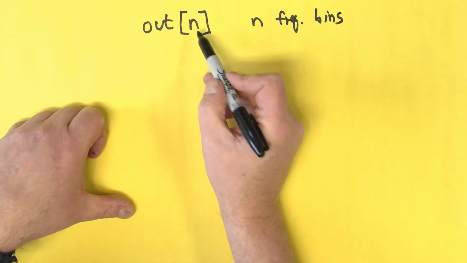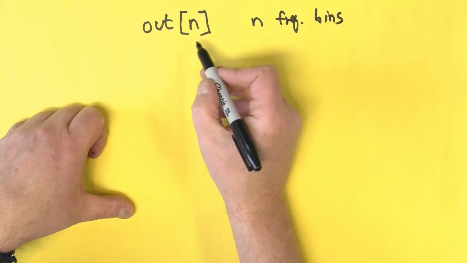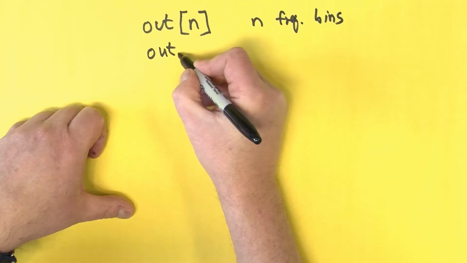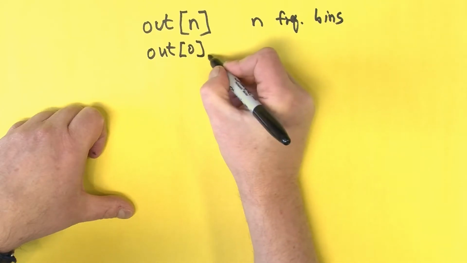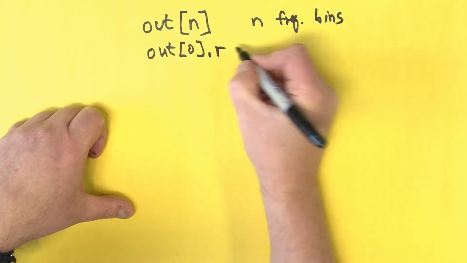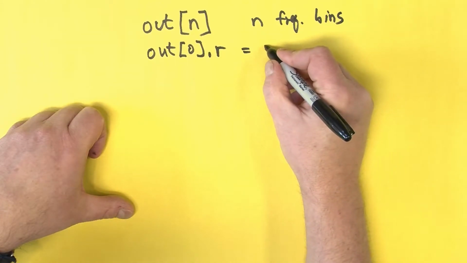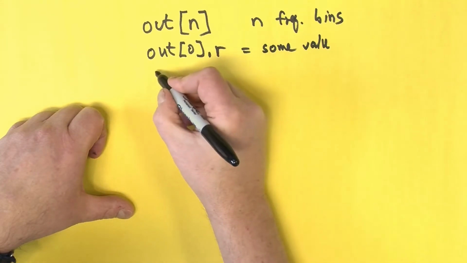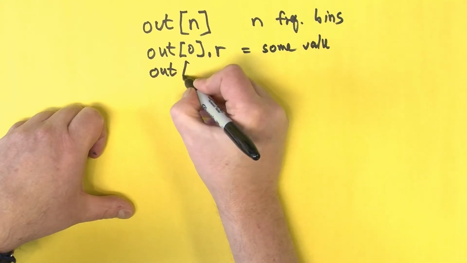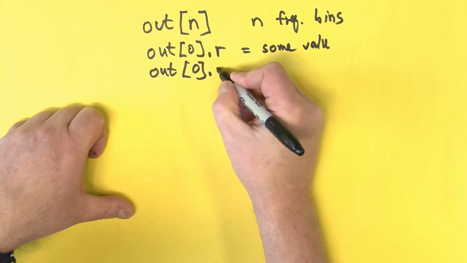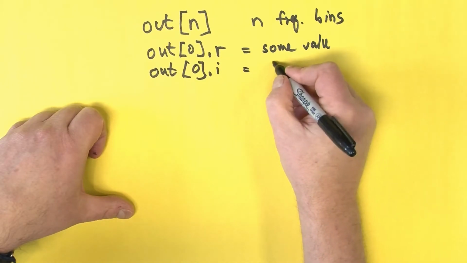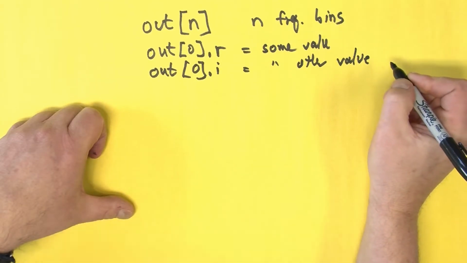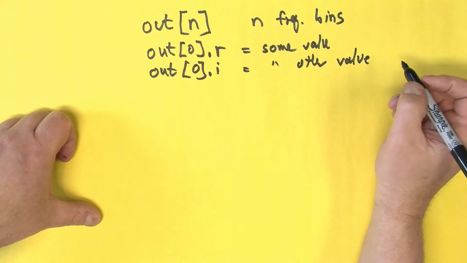And each one of the array entries has a real and imaginary part. The 0 bin, for instance, would have a real value, which is some value. And it would also have an imaginary value, which is some other value. Might be the same, out of pure random chance.